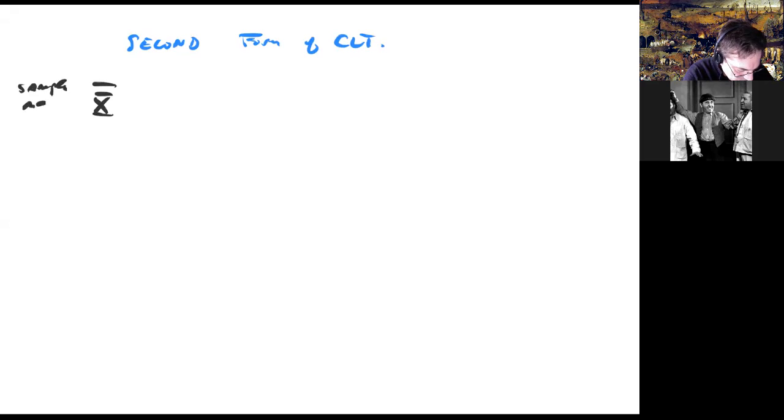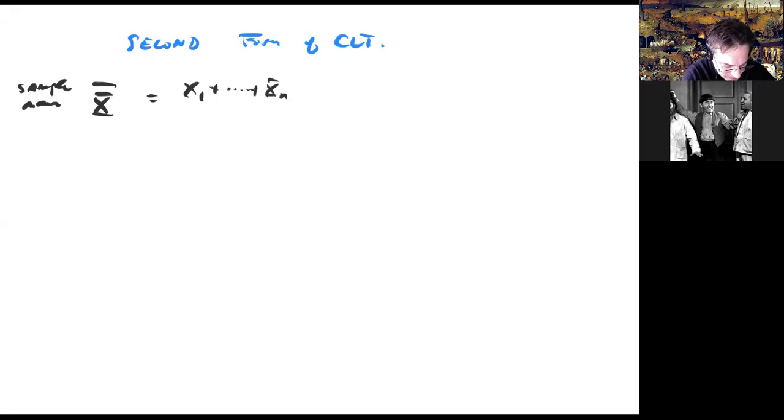So let me now come to my second formulation of the CLT. And this is the one used by statisticians. So it goes like this. We form the sample mean, x bar, which is x1 plus x2 plus up to xn, divided by n.